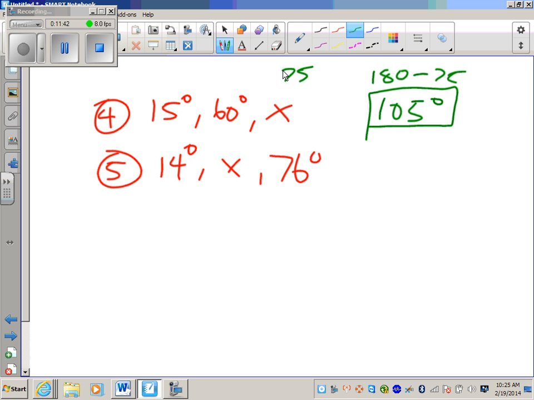We still have to do 180. 14 and 76 is what? So subtract 90 from 180. What kind of triangle is this? Right triangle. 90 degrees.